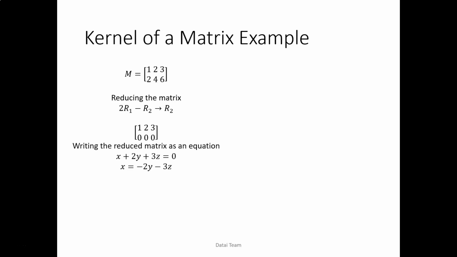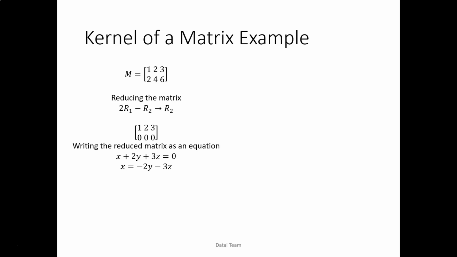We can write the reduced matrix as an equation. We have x plus 2y plus 3z equals 0. We can write our x in terms of y and z. We are looking for the vectors that become the 0 vector, and those x, y, and z values are the coordinates of those vectors. And we want to write them in vector format, and we already have the x.